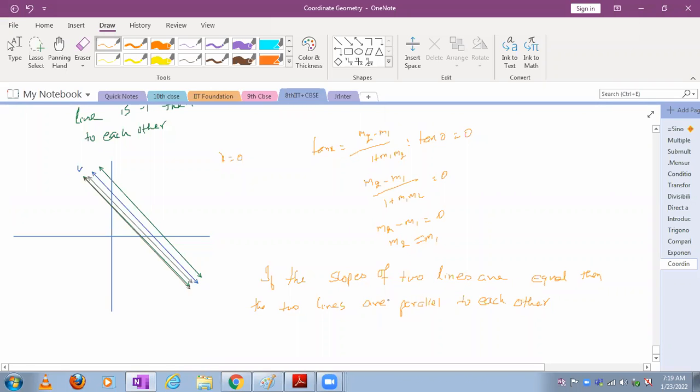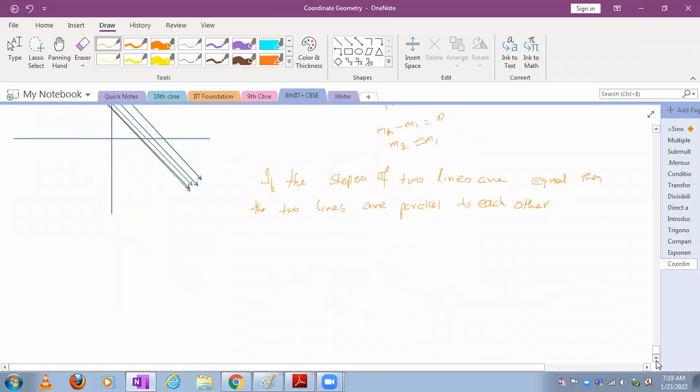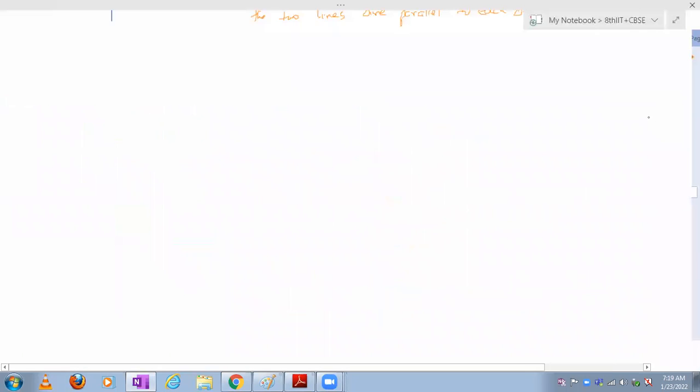Now we will find out the equation of the straight line. Equation of the straight line. Okay, first of all, start right here.